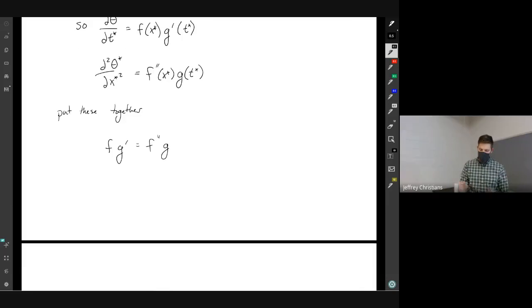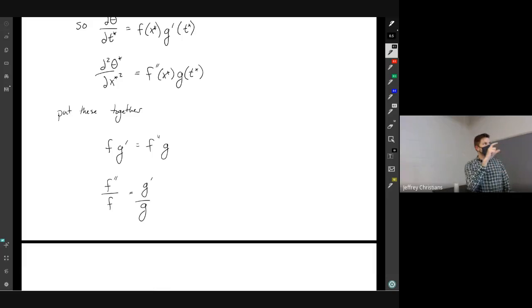Again, we can separate those out. So f double prime divided by f equals g prime over g. If this is true, and it is because somebody else has already shown that before, what has to be true about this equation?